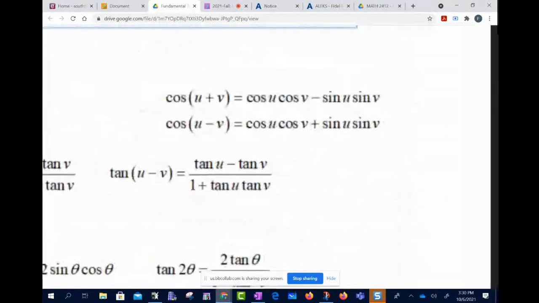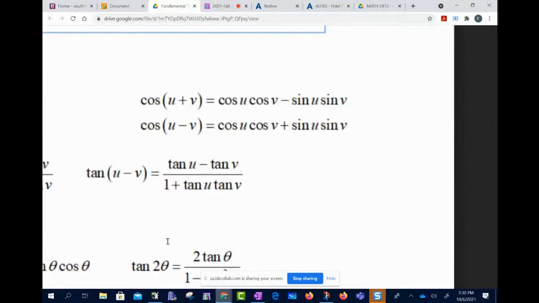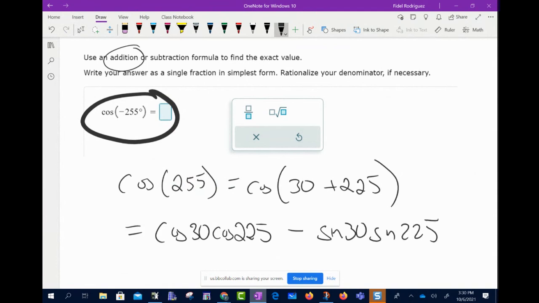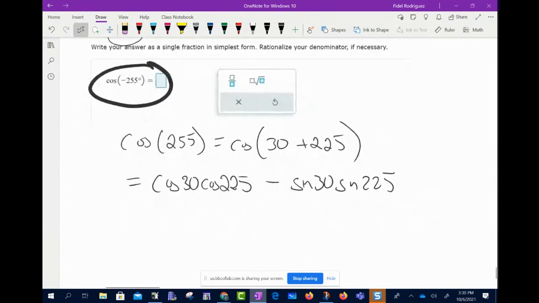Right over here at the top: cosine of u plus v is cosine u cosine v minus sine u sine v. So we're going to say this is going to be cosine 30 cosine 225 minus sine 30 sine 225, right? So far we're good?